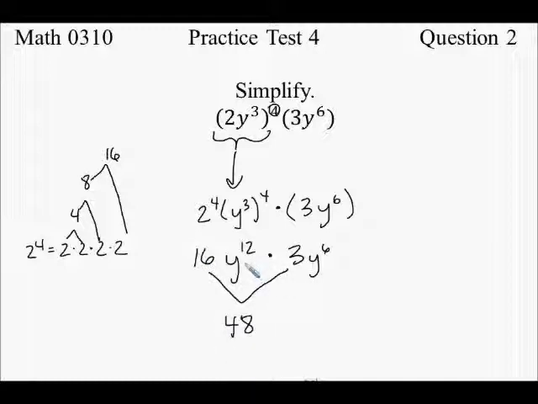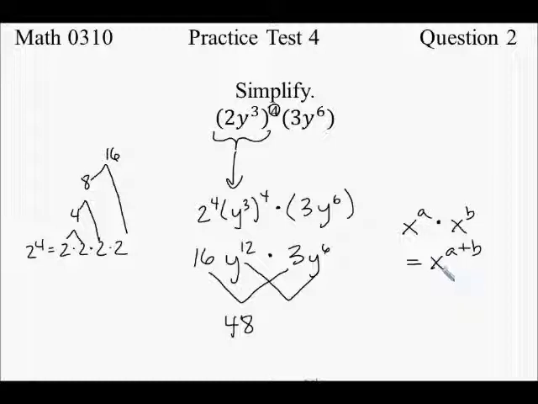And then y to the 12th times y to the 6th. So one of the properties there is if I'm multiplying the same base, I take those exponents and I add those exponents. So if I have some base x to the a power times the same base x to the b power, then we add those exponents together.